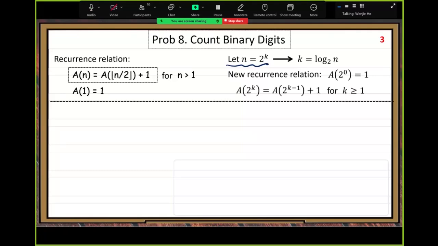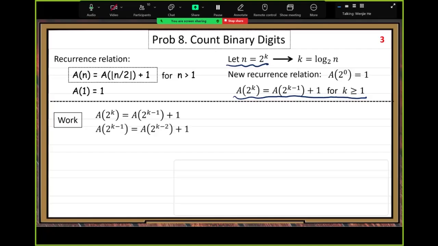All right. So in this new recurrence relation, how to solve it? Let's do the work. The first time, this is our first equation. The second time, we do division by 2, so we reduce the problem size, division by 2.